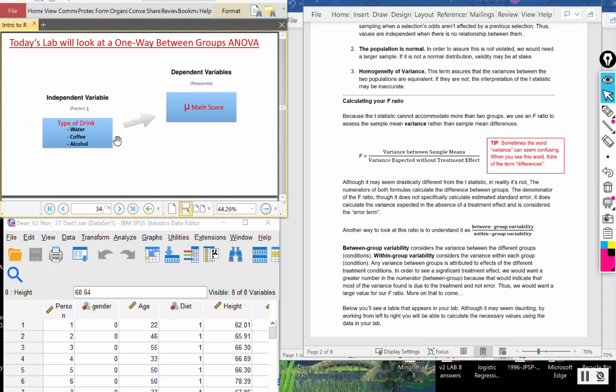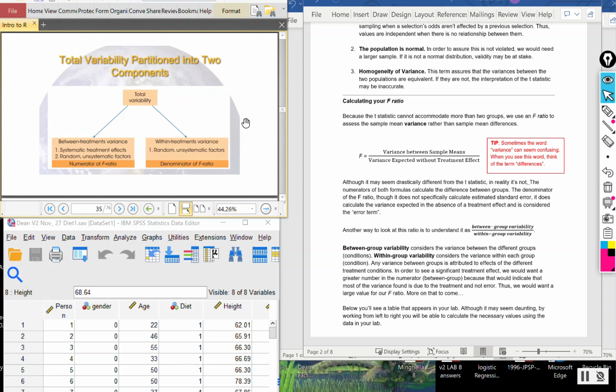What we will be dealing with today, when you're answering your questions for your homework, is a one-way between groups ANOVA, where we just have 1 independent variable with 3 levels, and we're comparing their dependent variable scores on, let's say, a math test, or maybe this is a math quiz. I'm not sure if it's a math test or math quiz.